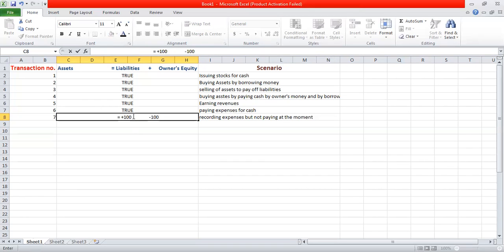Now you can see both cancel each other, plus and minus, and on the asset side there is 0.